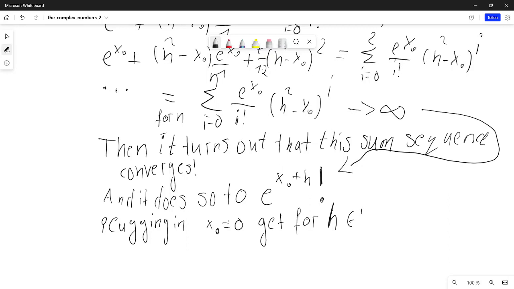Get for h, i equals 0, and that's the limit of those sums, that is, we write 1 plus 1 plus 2 blah blah blah, and this sequence converges to something, right? So this limit we write like that, like we summed infinitely many terms, but of course that is not meant, but we meant the limit of a sum sequence.